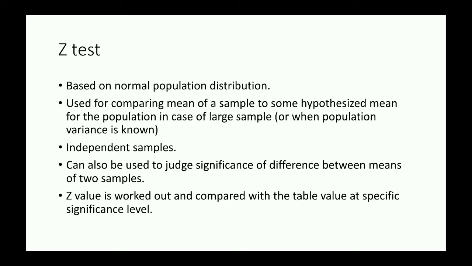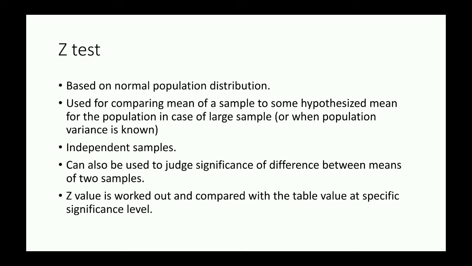So basically you are comparing the mean of the sample to test whether it is the same as the hypothesized mean or not. An example could be to check the accuracy in the result.